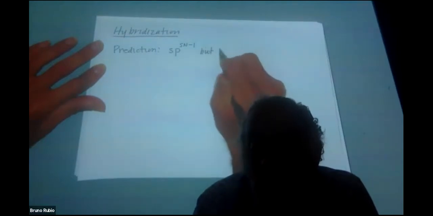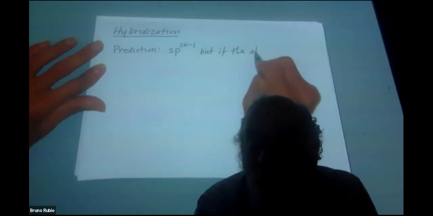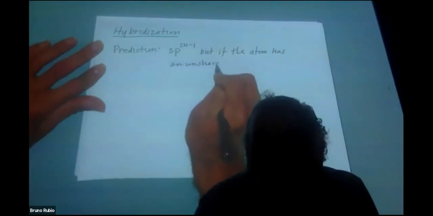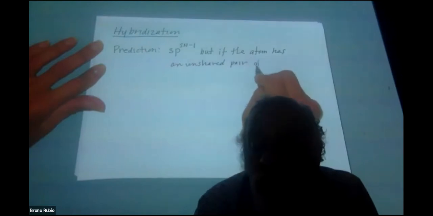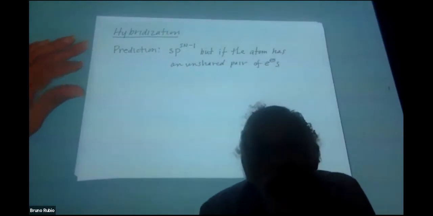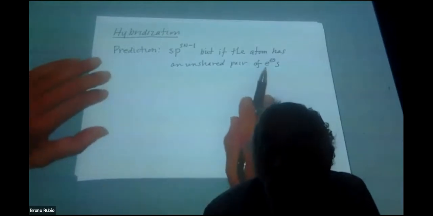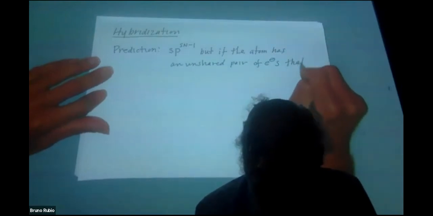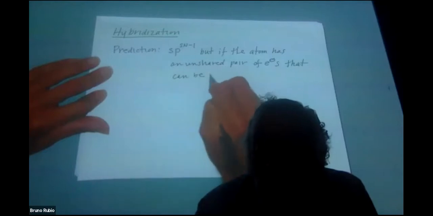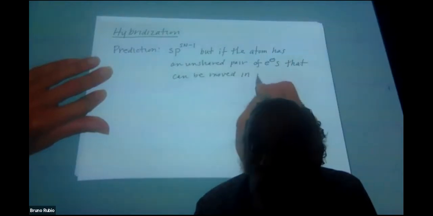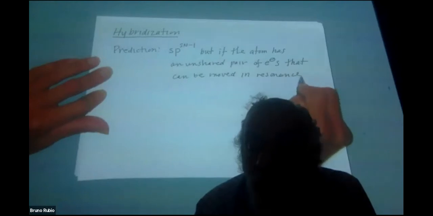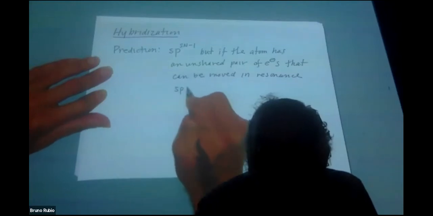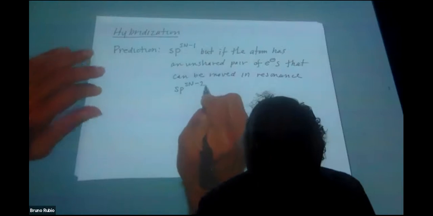But if the atom has an unshared pair of electrons (electrons takes an awful long time to write and to say, so I just abbreviate electrons with this symbol here) that can be moved in resonance, then the hybridization state of that atom is sp to the steric number minus 2.